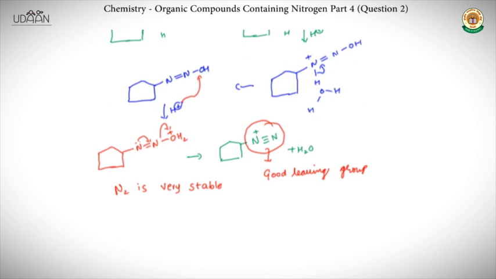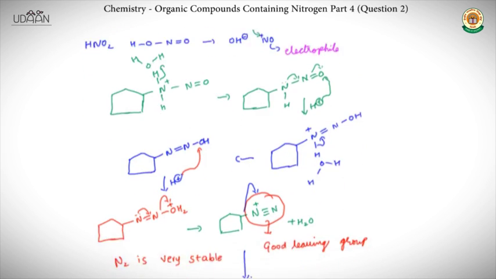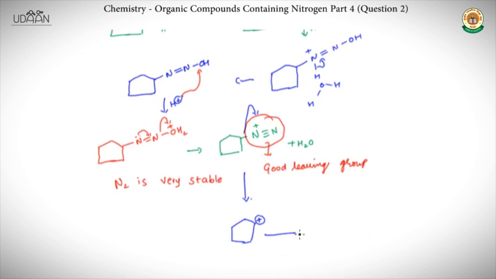So this group departs away, and you are going to get a positive charge here. Now, since you have water in the medium, you are going to get a substituted product like this one.